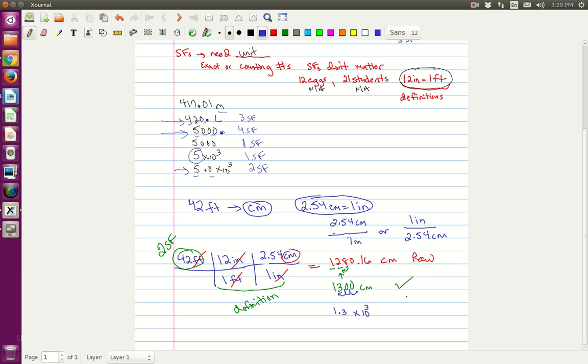If the number is above 1, the exponent on the 10 is positive. So this would be my final answer in scientific notation.